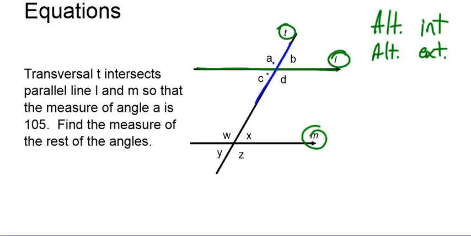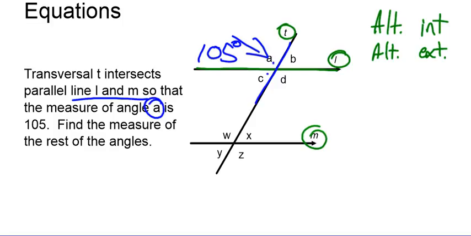Now, with all that being said, because of that relationship, we are able to figure out any angle we want. And so to start, we have this intersection, where the measure of angle A, that's this one right here, has been given the number 105 degrees. Find the measure of the rest of the angles.